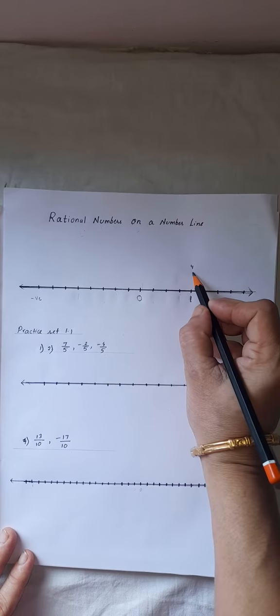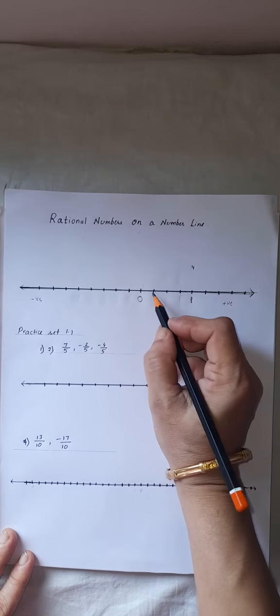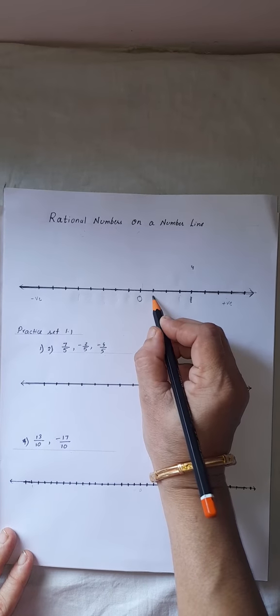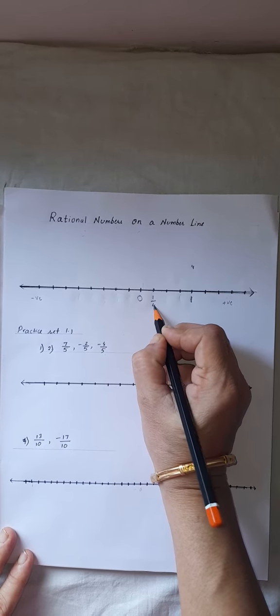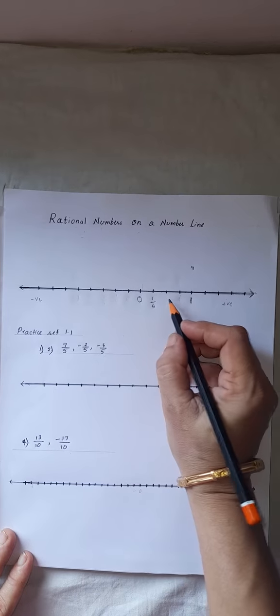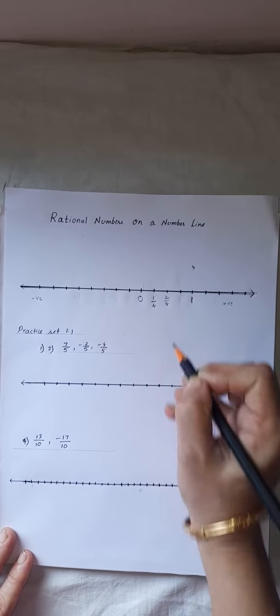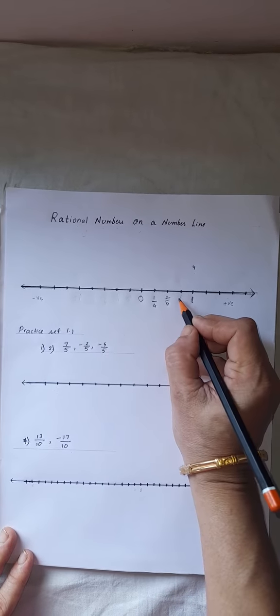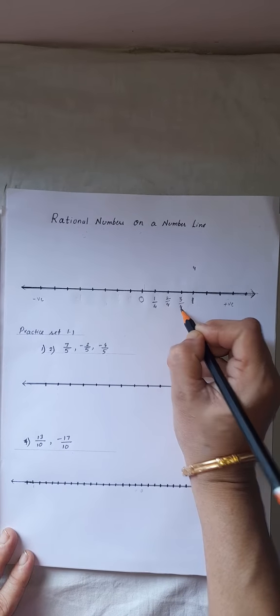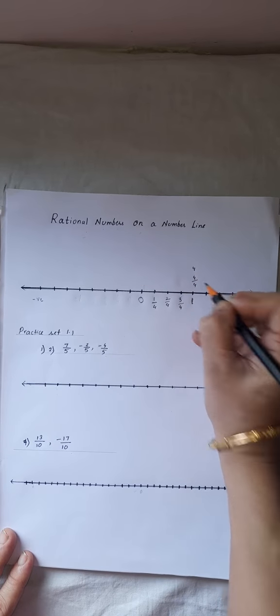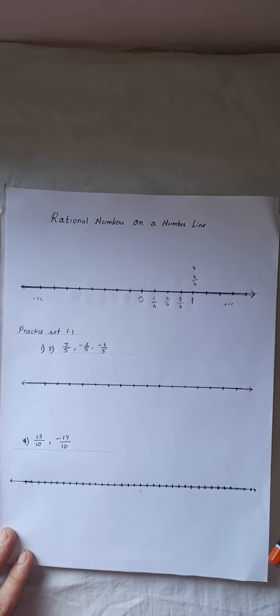Now when I say it is divided into 4 parts, what will be the first point? The first point is 1 part of 4. What is the second point? It is the second part out of 4, right? This will be the third part out of 4 and this becomes the fourth part out of 4, which becomes equal to 1.